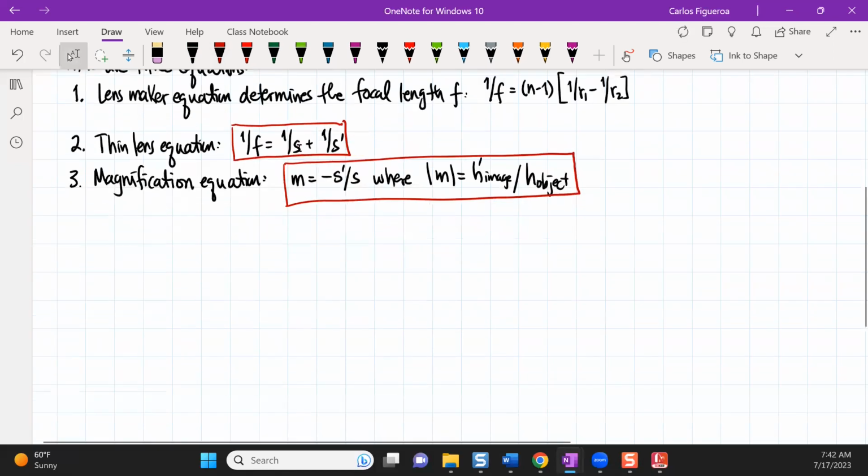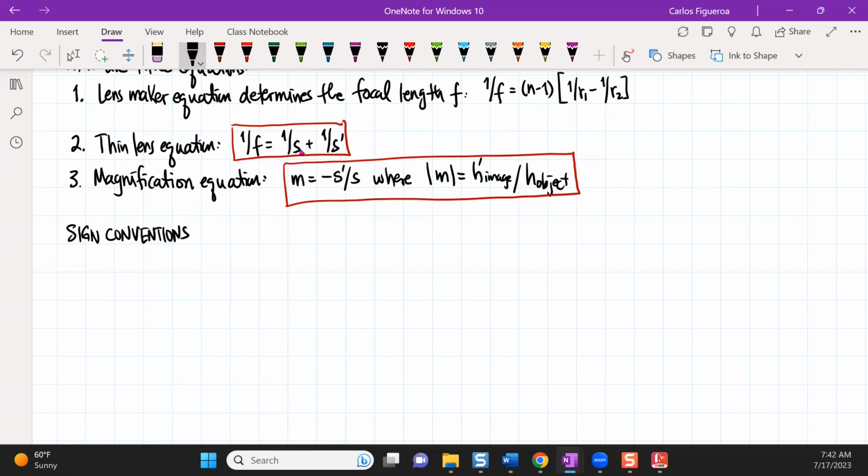I don't want to make a big deal here about the signs, so let's look at the sign convention for all of them.